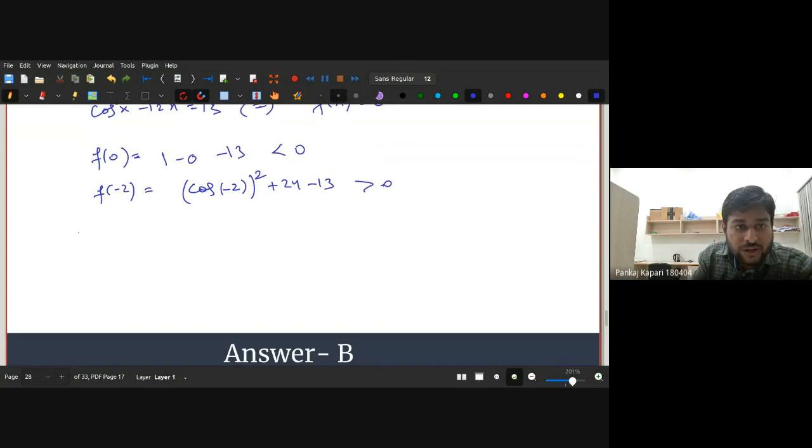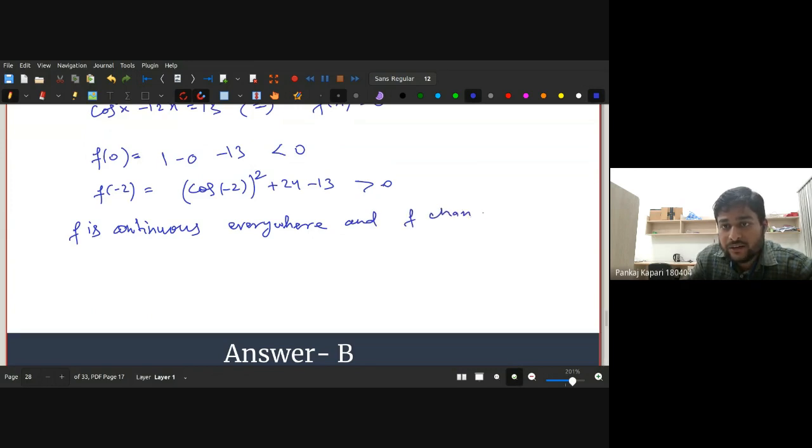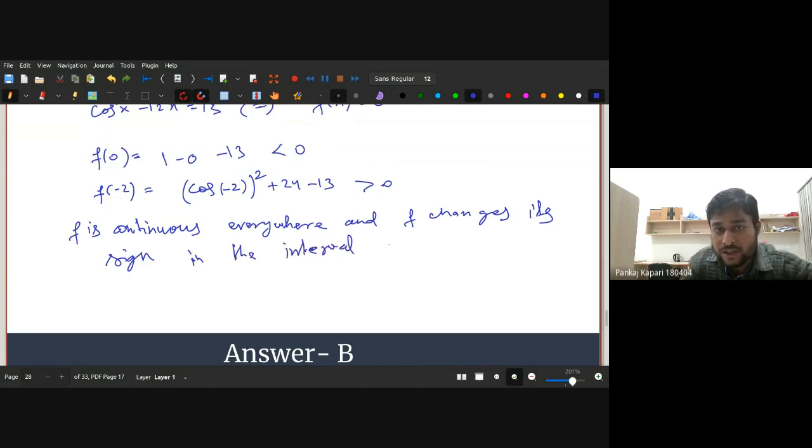So the function is continuous everywhere, and f changes its sign in the interval minus 2 comma 0.